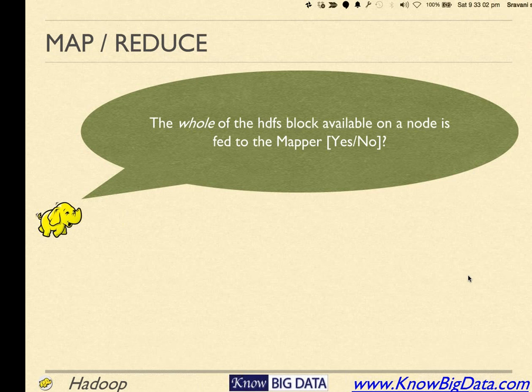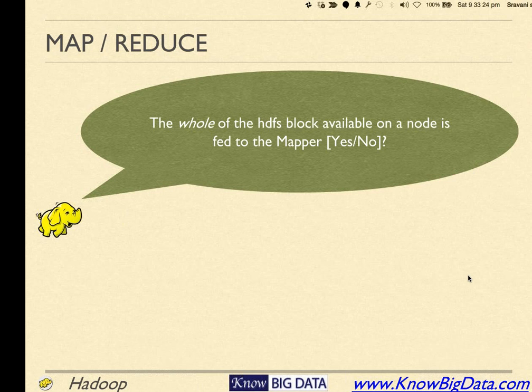The way an HDFS block is cut is irrespective of whether the boundary is in the middle of a word, a sentence or a line; it doesn't care. An HDFS block is a hard boundary of 128 MB.